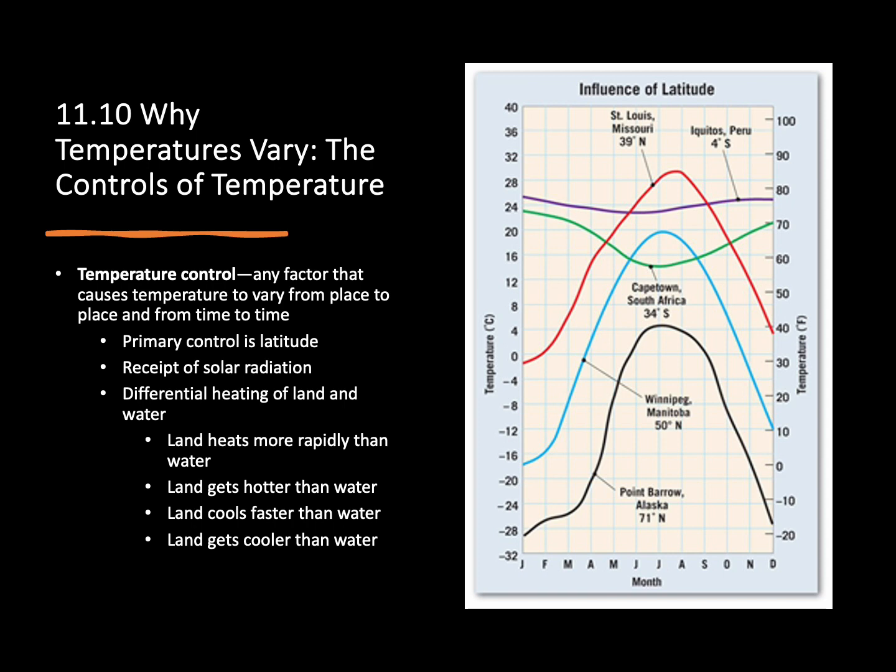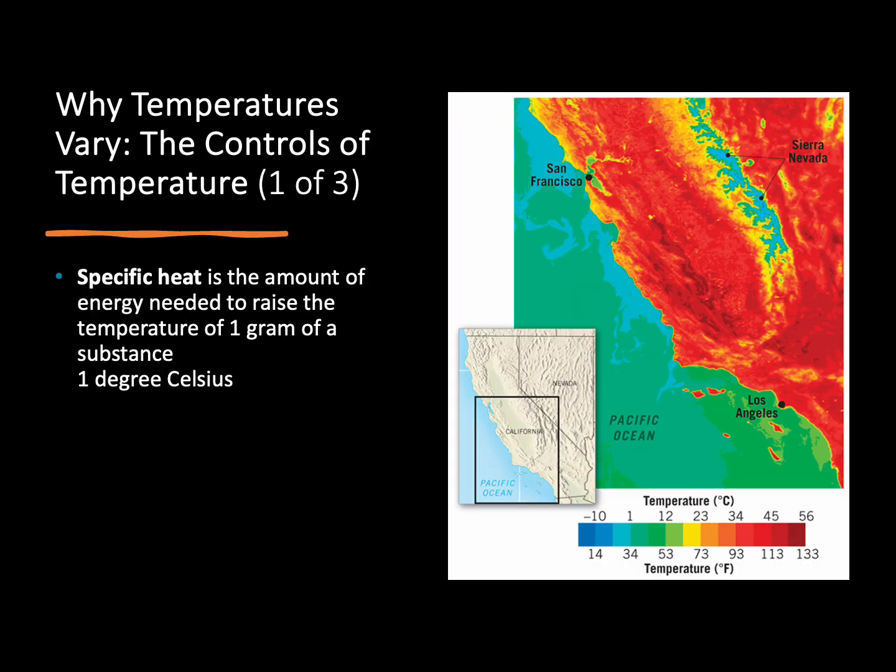And that's because land not only heats up faster than water, it cools off faster than water as well. So we're going to see major differences in coastal areas versus inland areas like Kansas. The reason why we see land and water heating up and cooling down differently is due to differences in their specific heat.